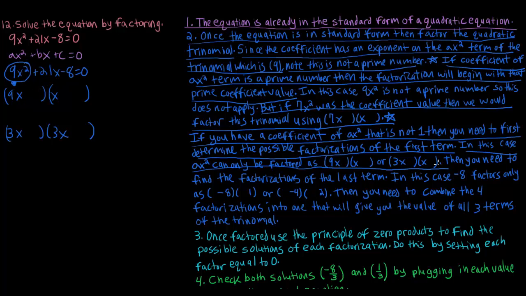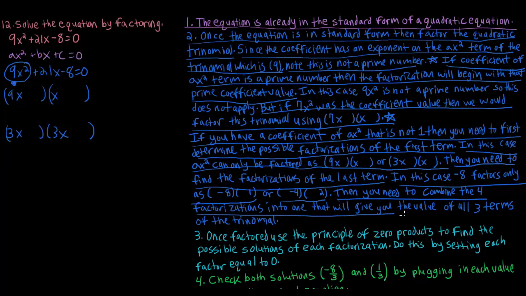Then you need to find the factorizations of the last term. In this case, -8 factors only as -8 times 1, or -4 times 2. Then you need to combine the factorizations into one that will give you the value of all 3 terms of the trinomial. The factorizations of the first term are 9x and x, or 3x and 3x.